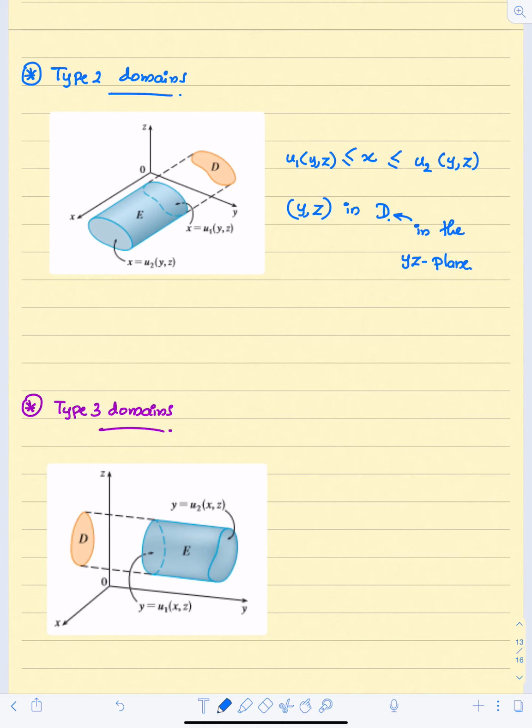So basically we project the solid E onto the YZ plane.